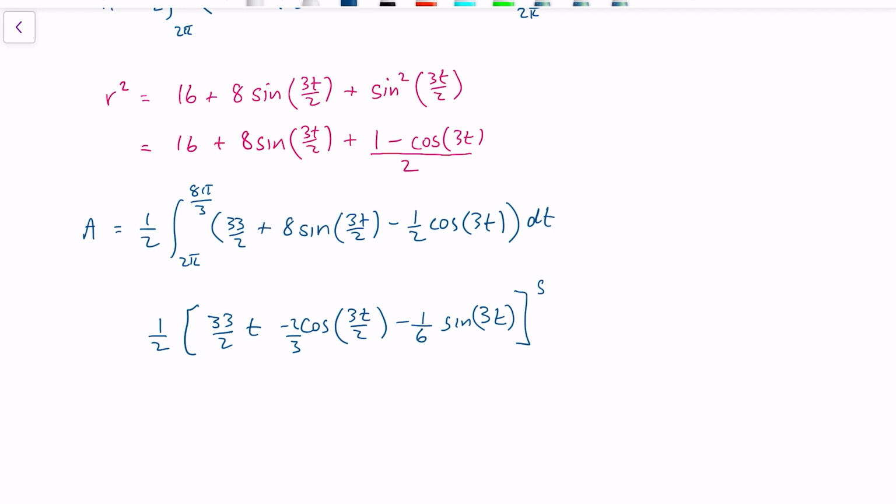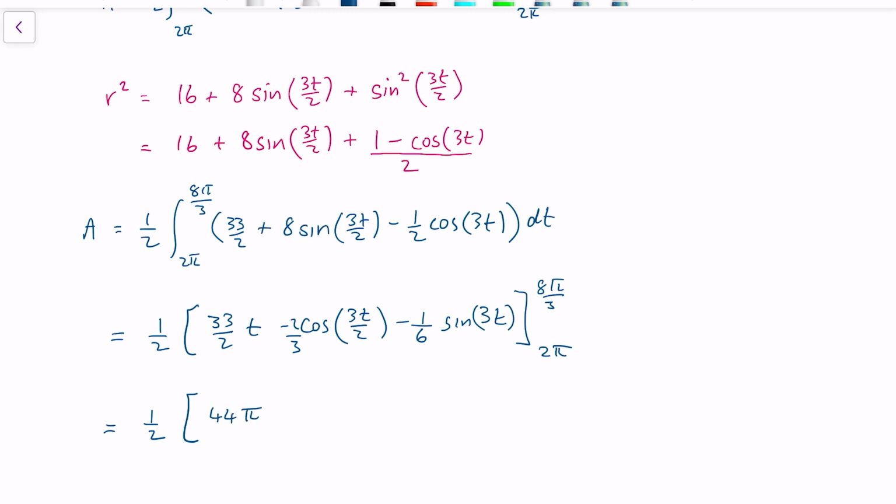And then we've got to sub in 8 pi over 3 and 2 pi. Okay, so half, 8 pi over 3 going into the first one. We've got 33 times 8, 264 pi over 6, which is 44 pi.